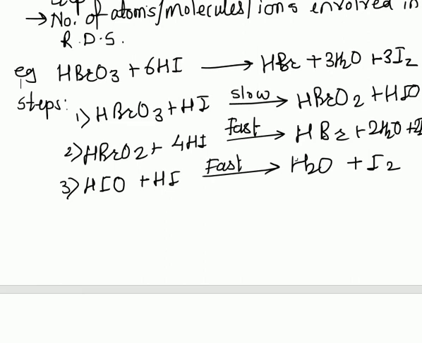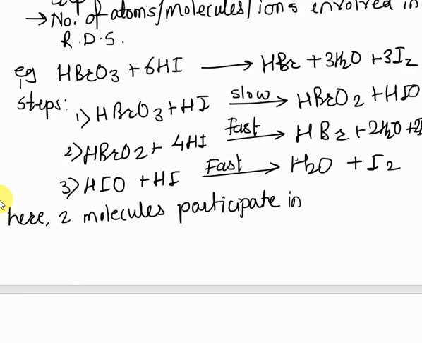Out of these 3 steps, only the first step is slow, and it is the rate determining step, and the number of molecules involved in the slow step, that is the rate determining step, is 2. That's why the molecularity of this complex reaction is 2. Here two molecules participate in the slowest step.